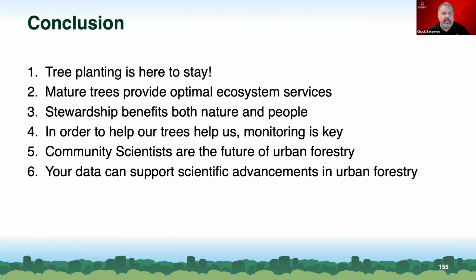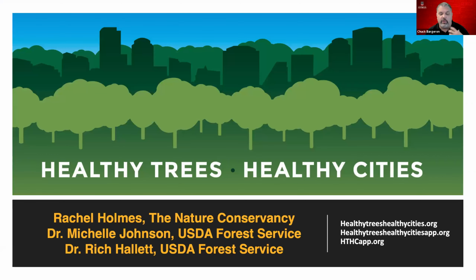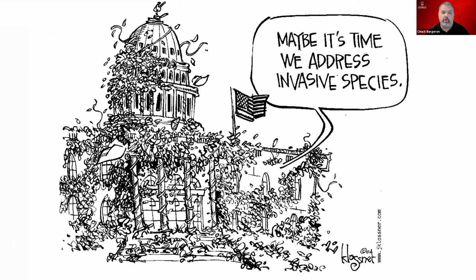I think there's a lot that we can do, both from the reporting invasive species standpoint and with something like Healthy Trees, Healthy Cities, to better use our community scientists, citizen scientists, to work on that.